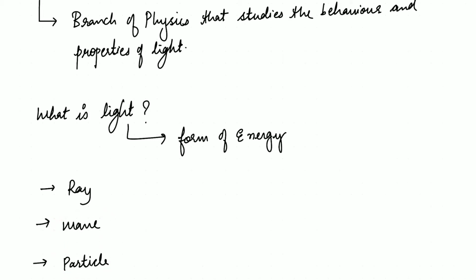But you have to understand, for some processes or events you can explain those events very nicely with the help of its particle nature, its ray nature. And for some phenomena it is easier to explain them with the help of the wave nature of light. So it is a matter of which scenario we are discussing.